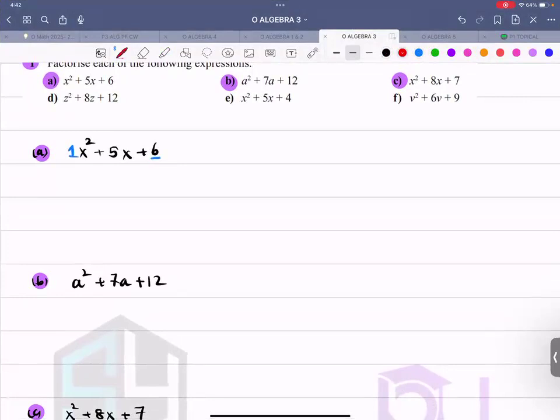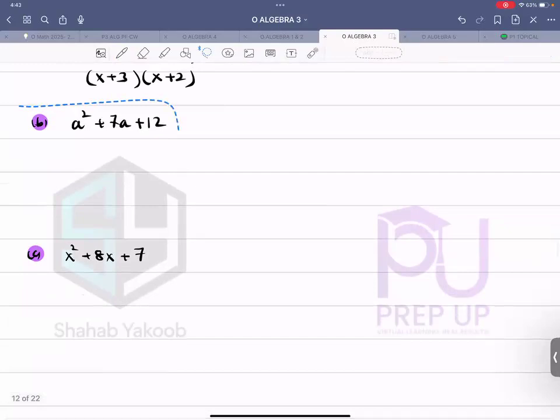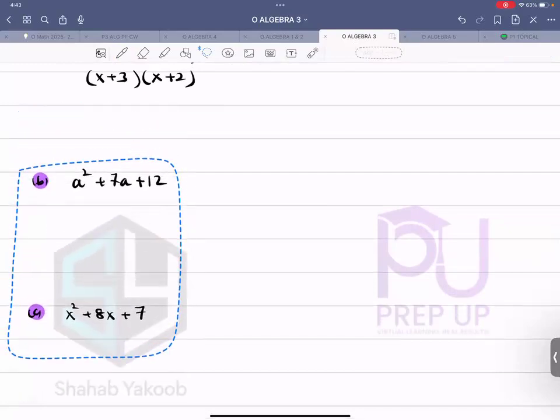Break the middle term: 3 into 2, 3x plus 2x. And then 6 remains, x squared remains. Take x common, x plus 3, plus 2 common, x plus 3. Then x plus 3, x plus 2. That is the answer for this particular part. Let me shift this down a bit.